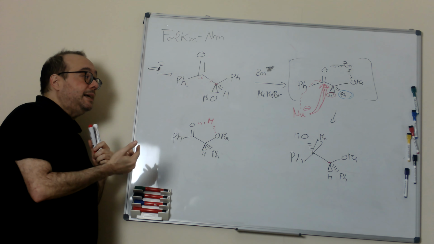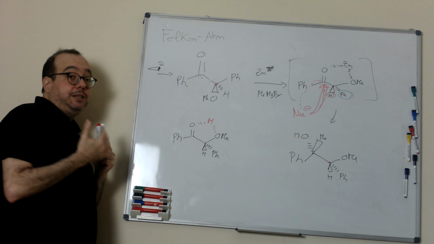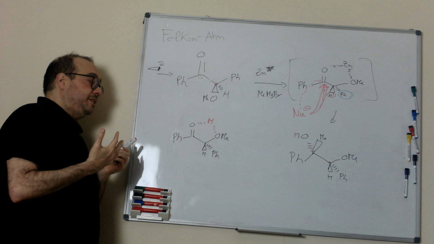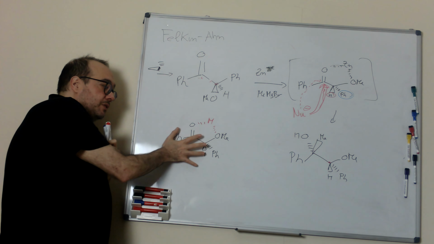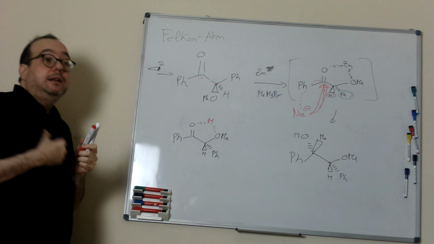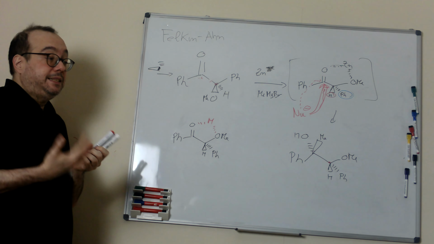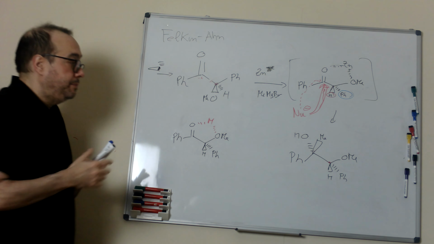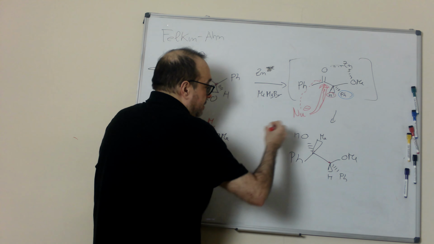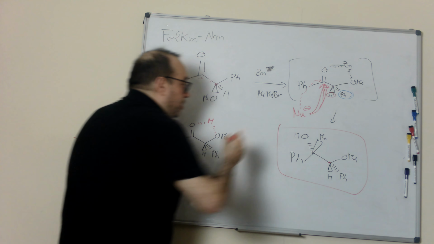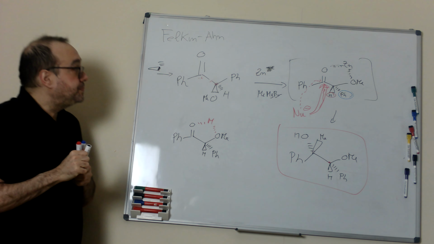And then I analyze the two possible Burgi-Dunitz trajectories of the nucleophile. One in front of the slide, the other behind the slide. The one that presents less steric hindrance will be the favorite. That means that this will be the major diastereomer. Okay?